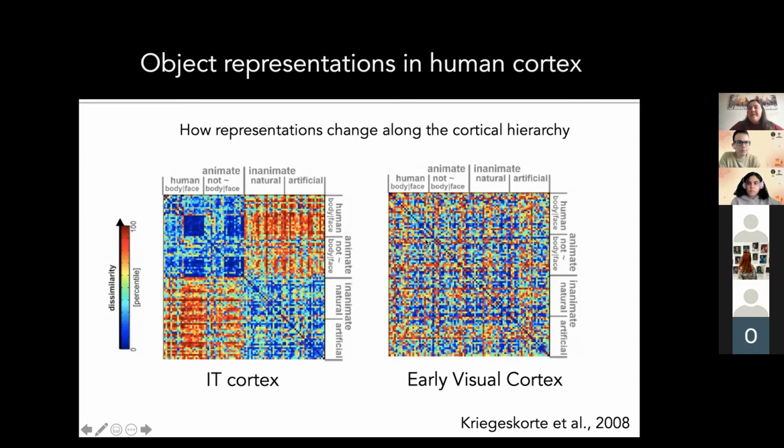If you compare the dissimilarity matrix of early visual cortex, you see that there is no structure here. There is no categorical information, for example, between animate and inanimate objects, or faces or non-faces, natural or artificial objects, but you start to see these distinctions between these categories in IT cortex.